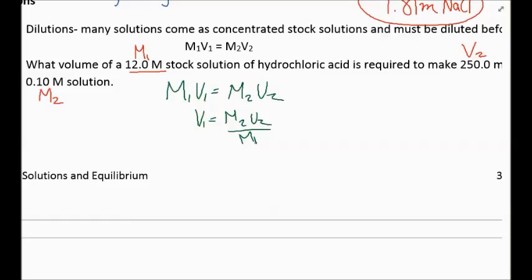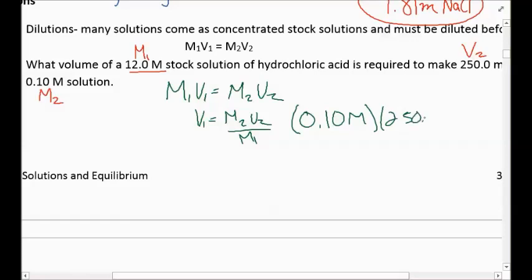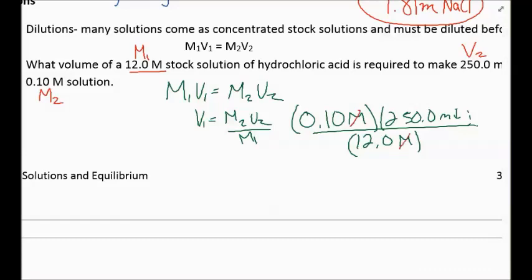So we're going to take M2, so 0.10 molar, times V2, which is 250 milliliters, divided by 12.0 molar.